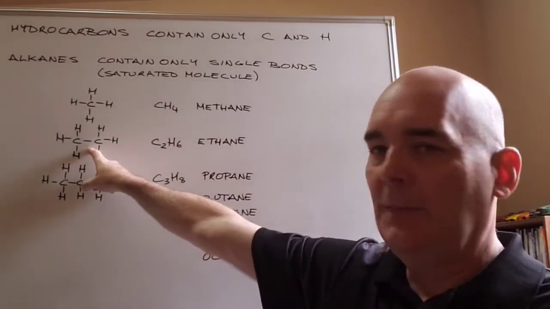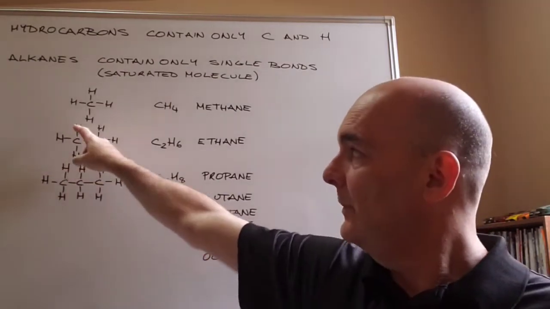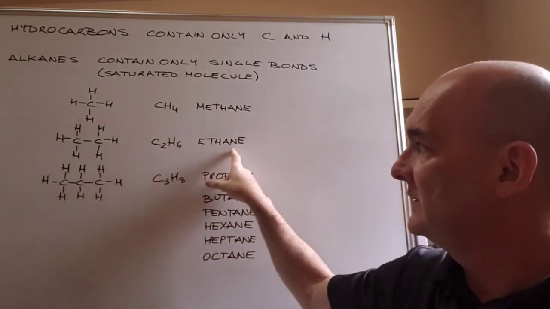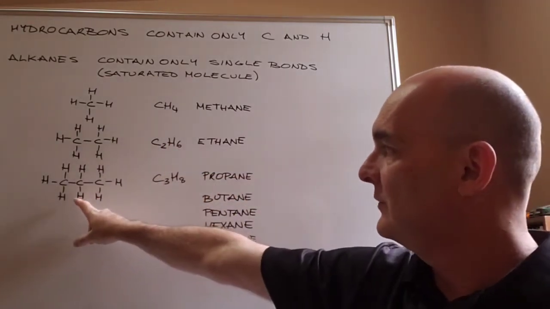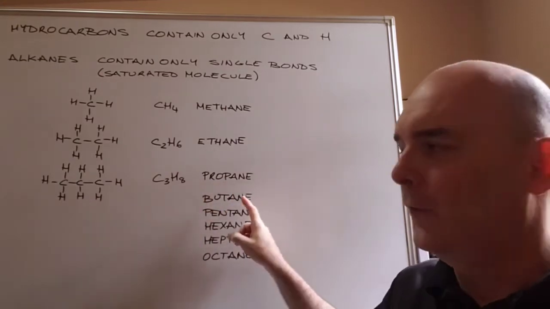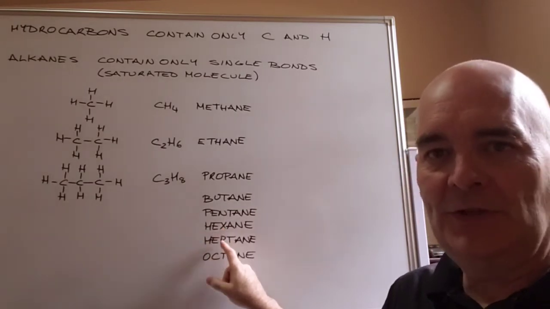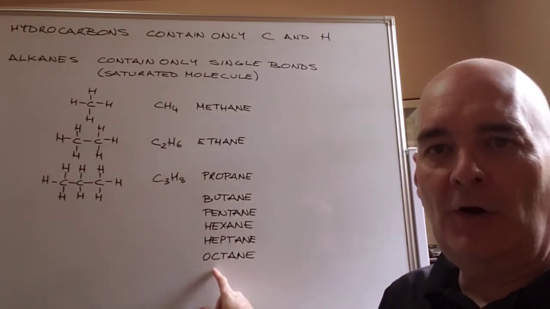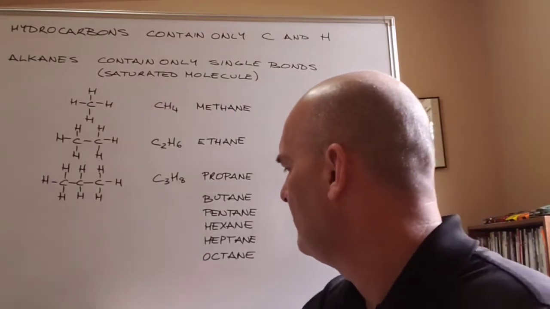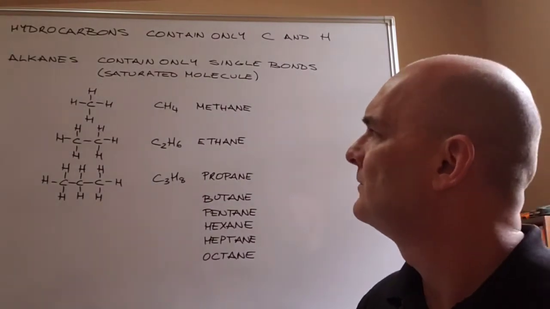So a 2-carbon saturated hydrocarbon, ethane, has the 2 carbons attached to each other and then 6 hydrogens around it. C2H6 is ethane. C3H8 is propane. For 4 carbons we would have butane, and then pentane, hexane for 6, heptane, and then octane for 8.